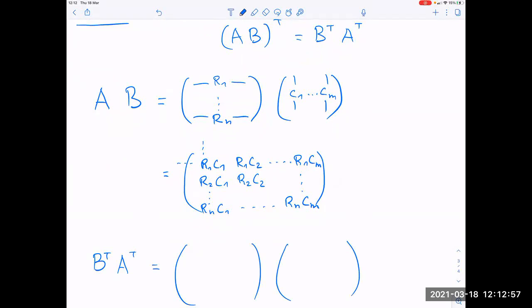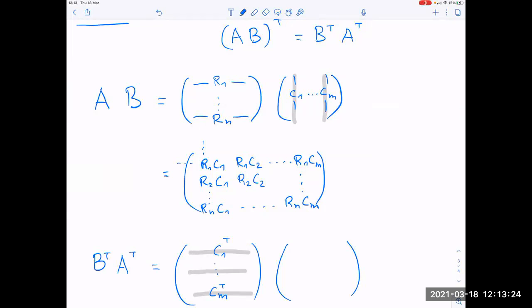Alberto Eusebio, yes, you are correct. The rows of B transpose are the columns of B. So here I will write C1 transpose, because C1 is a column, and now I want a row. And all the way down, Cm transpose.